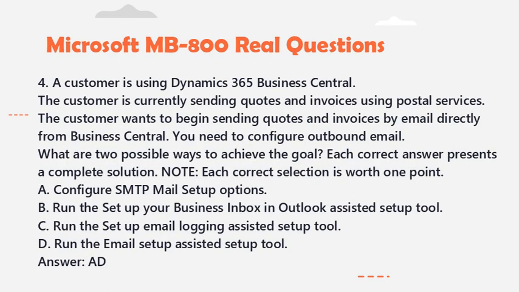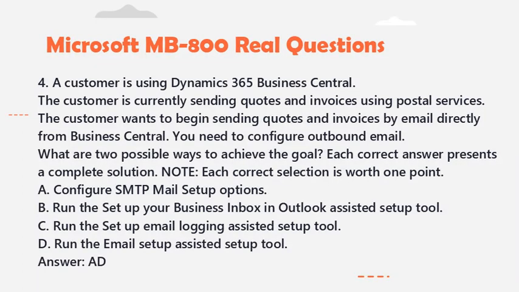4. A customer is using Dynamics 365 Business Central. The customer is currently sending quotes and invoices using postal services. The customer wants to begin sending quotes and invoices by email directly from Business Central. You need to configure outbound email. What are two possible ways to achieve the goal? Each correct answer presents a complete solution.